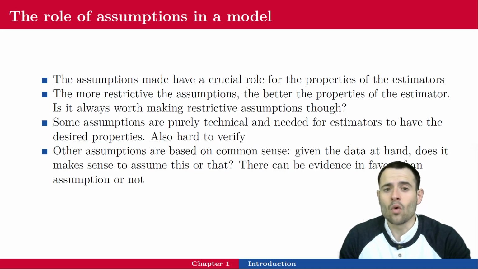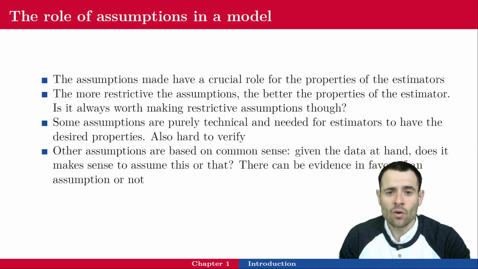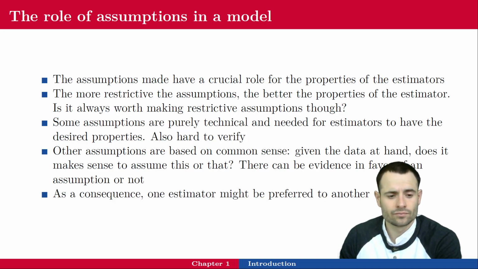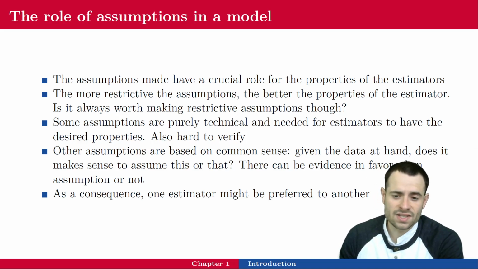And sometimes you might want to make an assumption, but you find no evidence for it, or you find evidence against it. In which case, you have to move on to another statistical procedure. And I will get into this once we talk about the OLS estimator. So, depending on the assumptions, one estimator might be preferred to another.